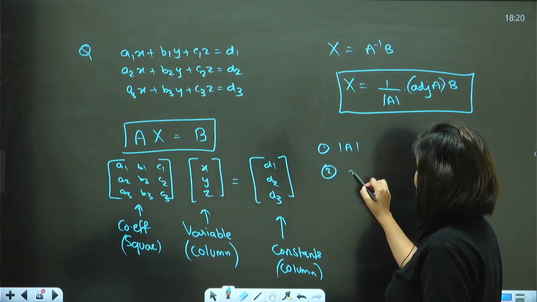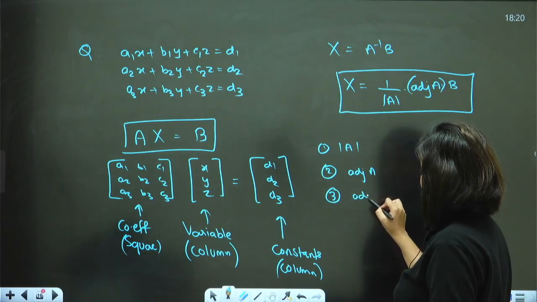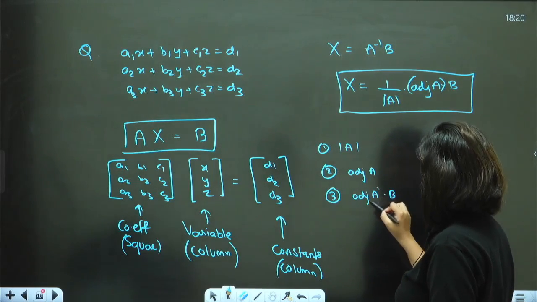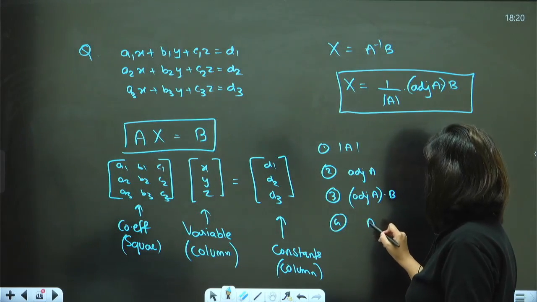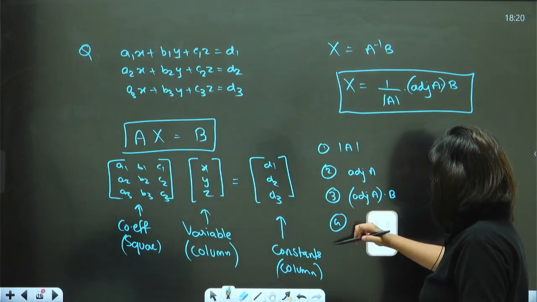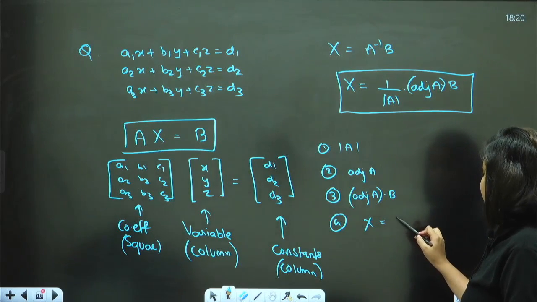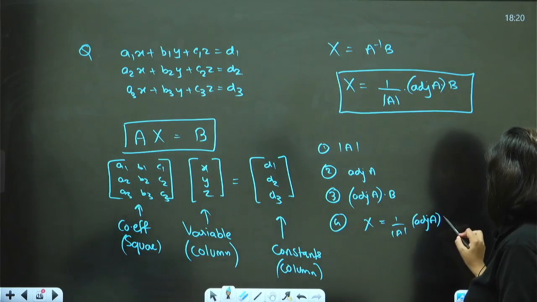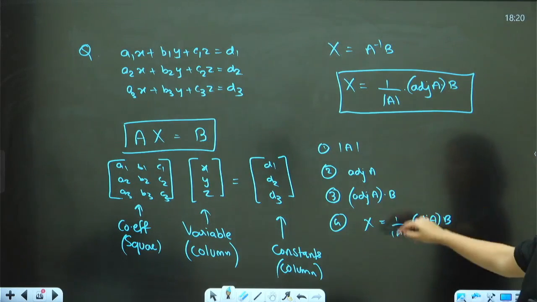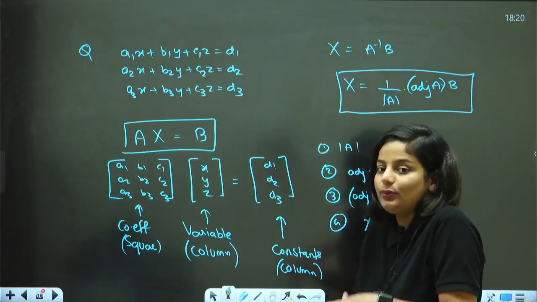Second step, you will find out adjoint of A. Third step, you will find adjoint of A into B, multiplication of matrix. Fourth step, you will find out X by putting it in the formula, right? These 4 steps will give you the value of X. Now X is X, Y, Z. It will give you X, Y, Z.